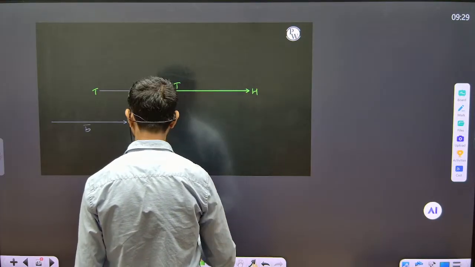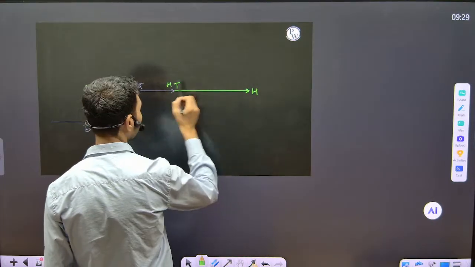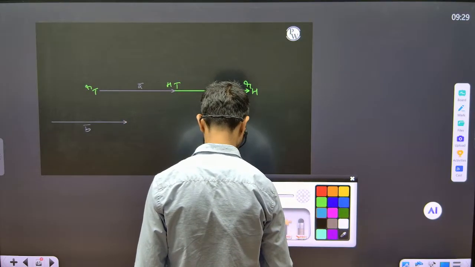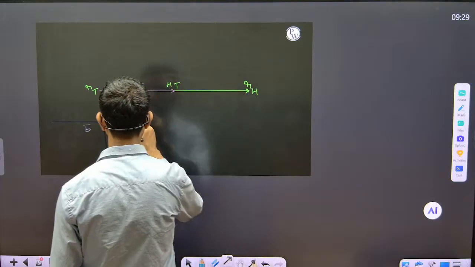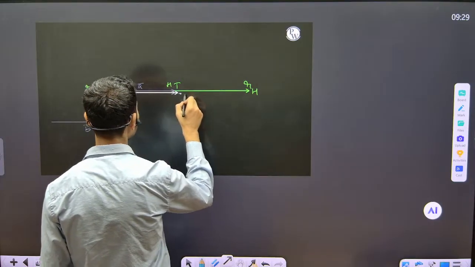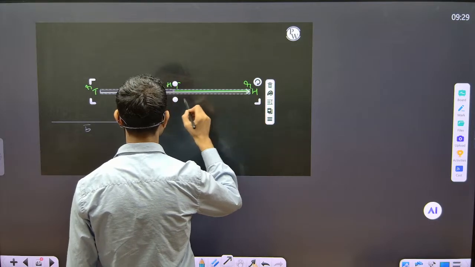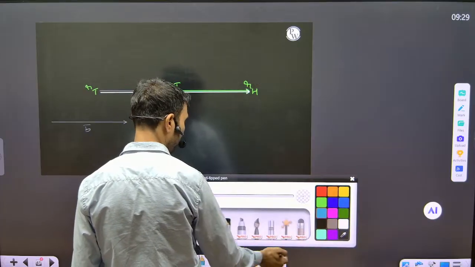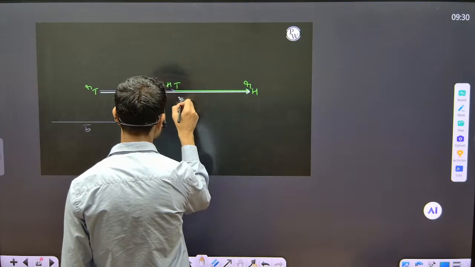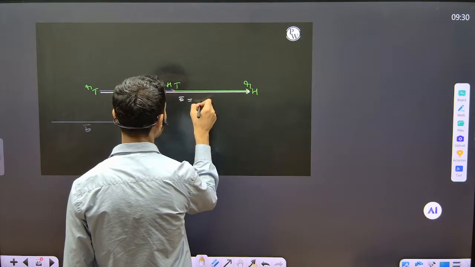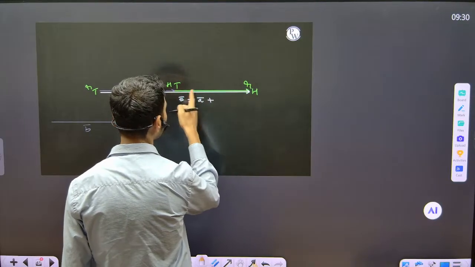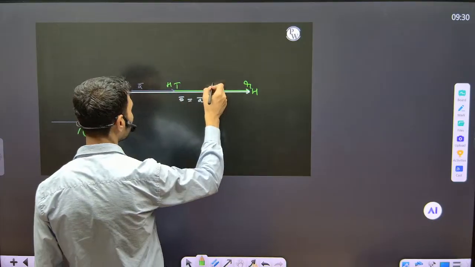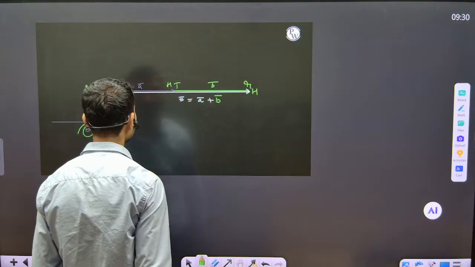And the resultant is formed by connecting the remaining tail with the remaining head, like this. And this must be the sum vector. It is nothing but A vector plus green vector. Which is the green vector, guys? Green vector is your B vector, right? So sum vector is A vector plus B vector.